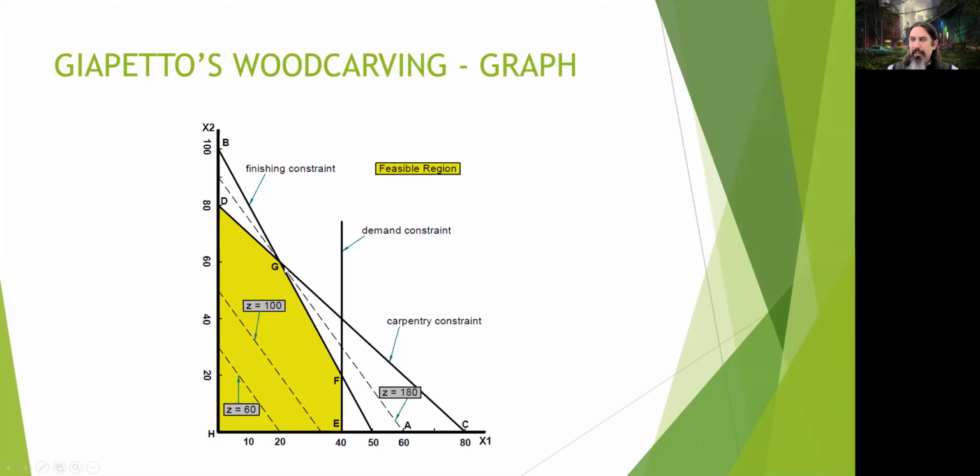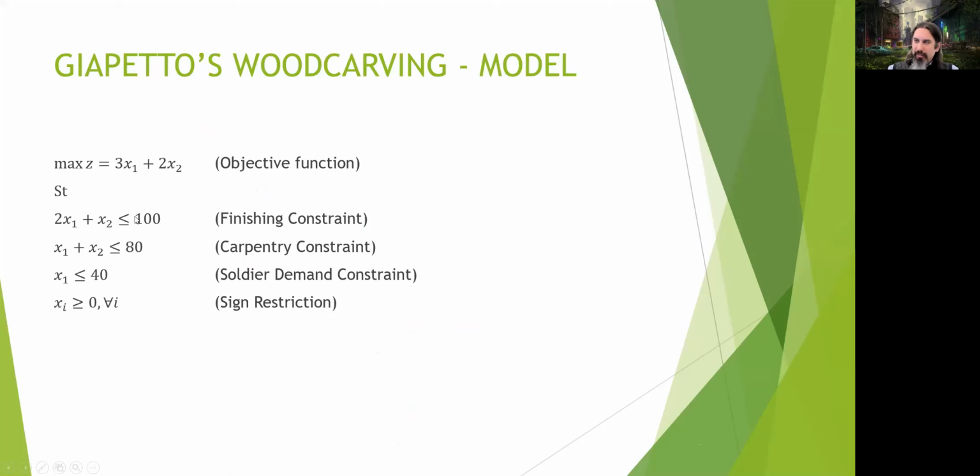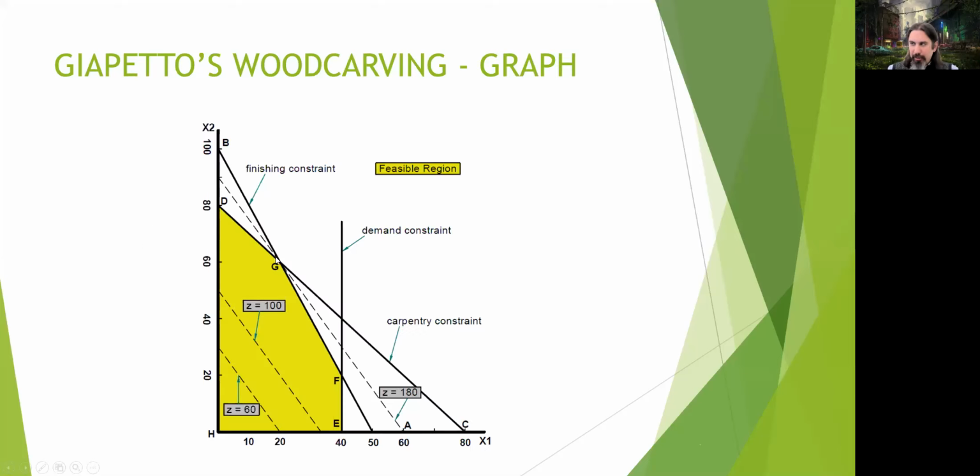Now, we can find this solution G by intersecting these two constraints, the finishing constraint and the carpentry constraint. These two constraints are binding now, because at this point both of them are satisfied. And this demand constraint is non-binding, because we are not on this constraint right now. Can you see what I'm talking about?